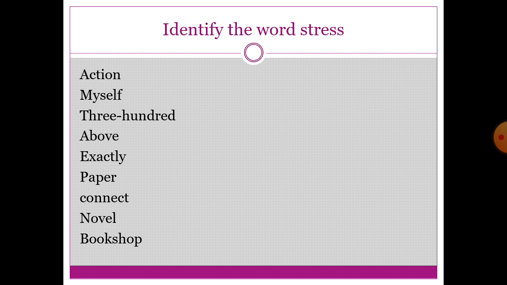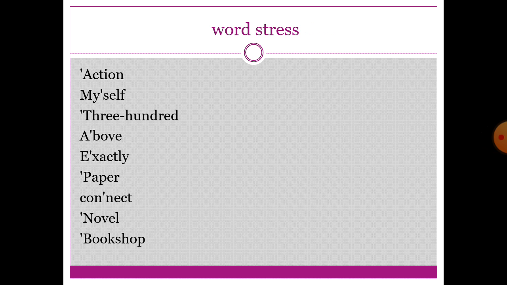Now look at the answers for this slide. Action. A is stressed in the word action. You need to remember that in some words the first part is always stressed. So action, then myself, self is stressed here.